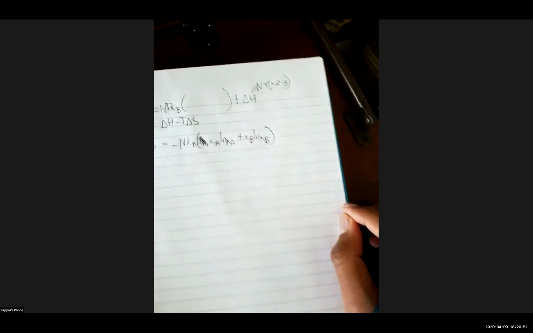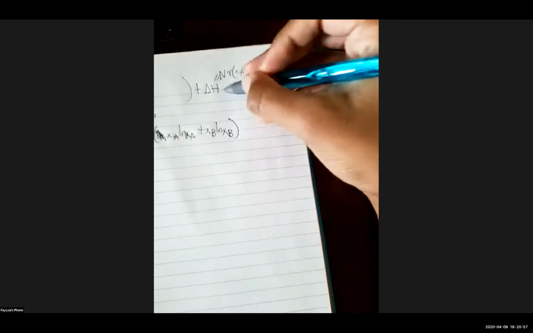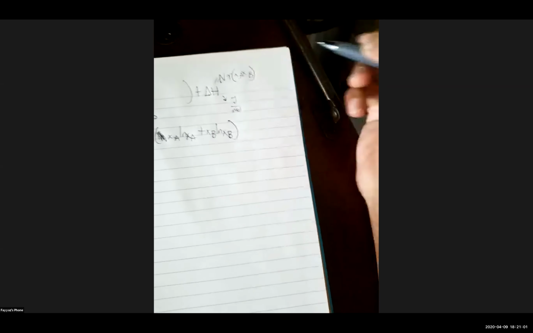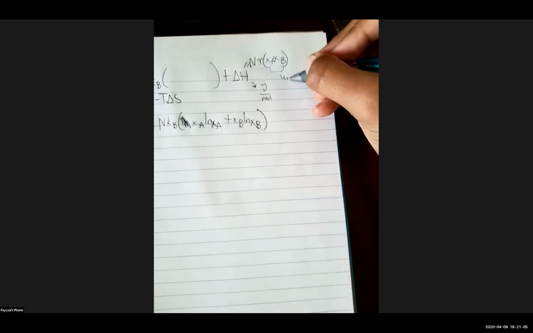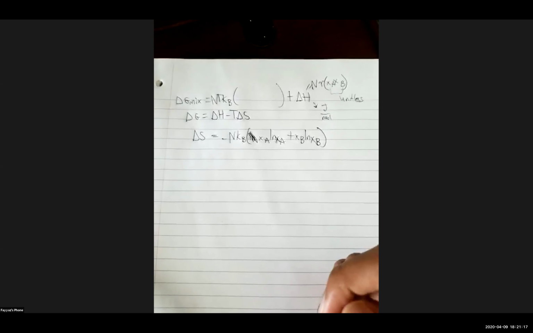To set up the problem, since delta H is in units of joules per mole, and XA and XB are both unitless, the units of gamma must also be joules per mole. Any questions so far with that?